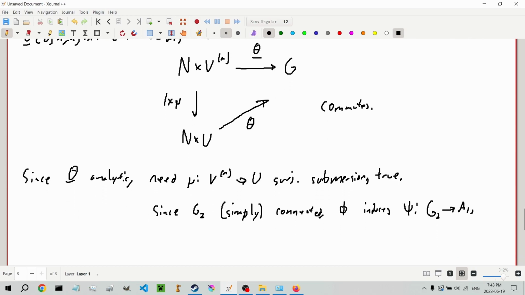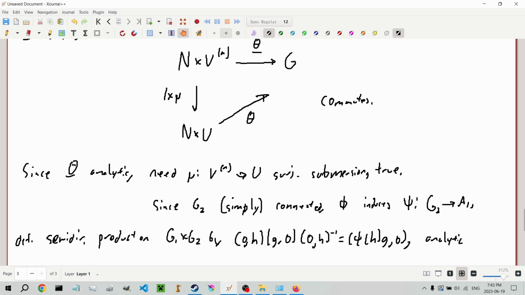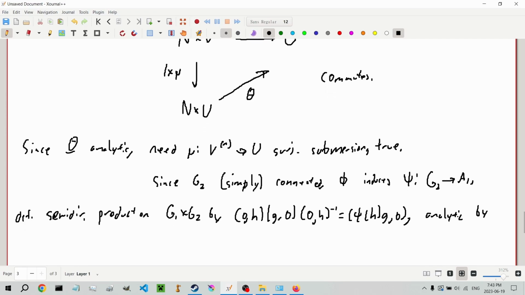So we define a semidirect product structure on G1 times G2 by the conjugate of an element of G in G1 by an element of H in G2 to be C of H times G and 0, which is of course analytic by the analyticness of C, and the action of A1 on G1.